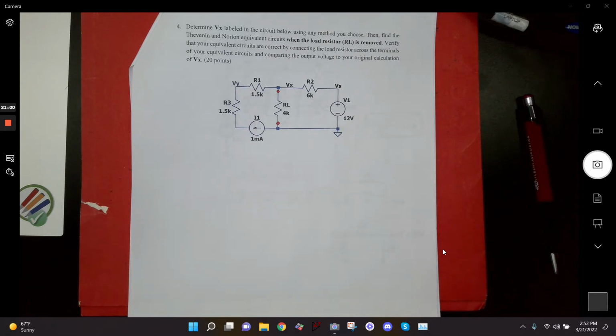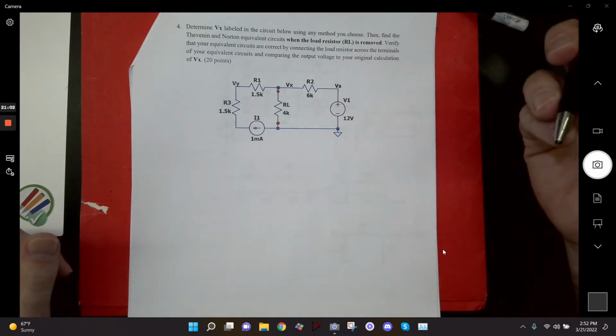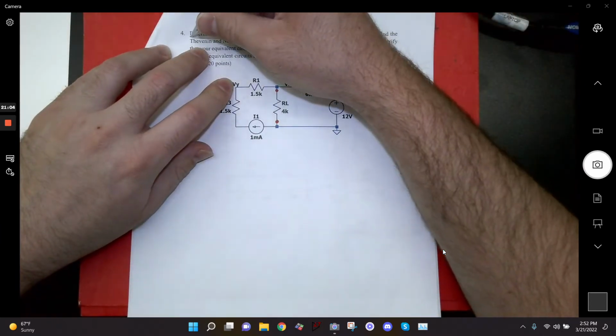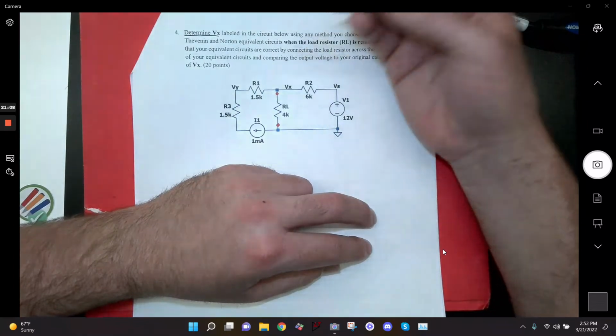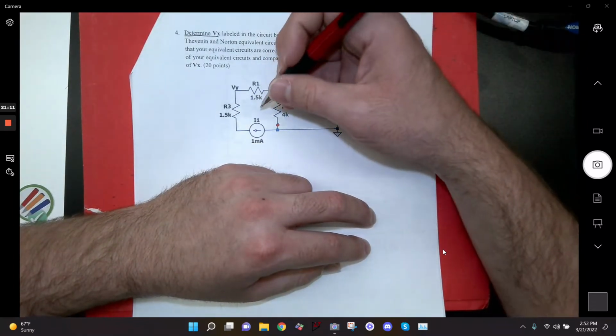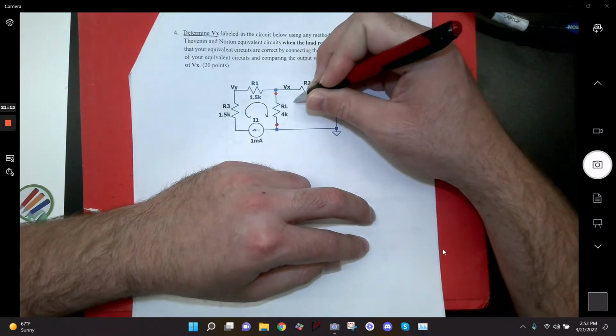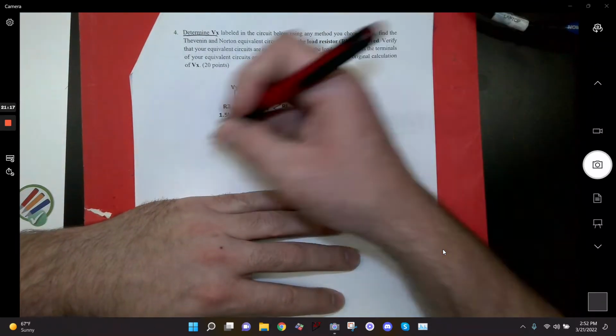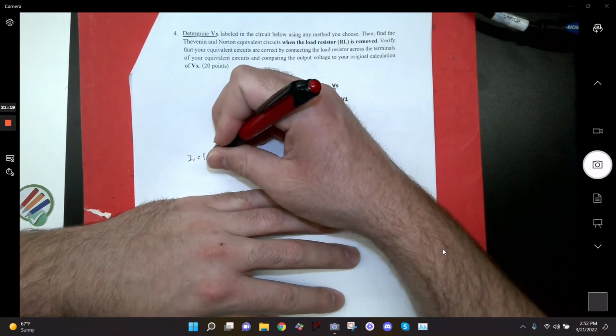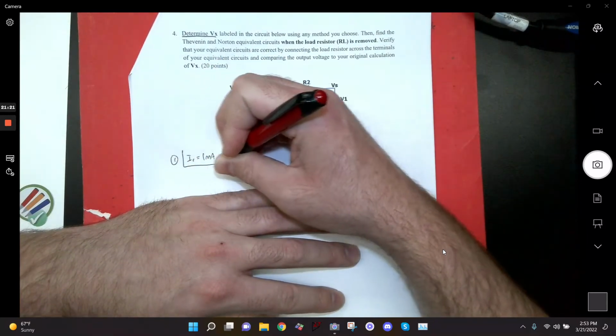All right, so this one, initially you have to solve for Vx. Determine Vx is the first thing I asked. What I would do is just do a quick little mesh, where this is going to be I1 and this is going to be I2. I1 is equal to 1 milliamp, that'll be my first equation.